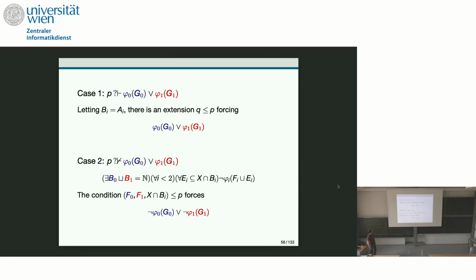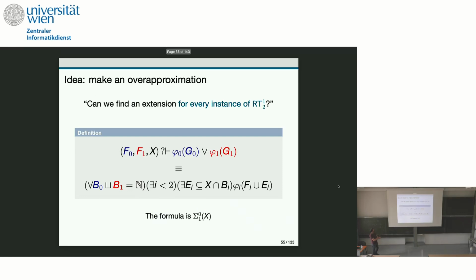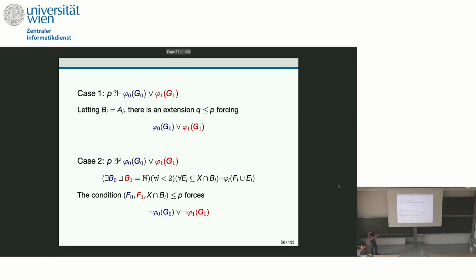Okay. So now let's make the case analysis. In the first case, if it holds, then because we made an over approximation, it's simple. You just take the 2 partition to be the actual 2 partition, and we design it so as to say, is there an extension which satisfies what we want? So it works. So case 1 is the simple case, but case 2 is the more tricky case.